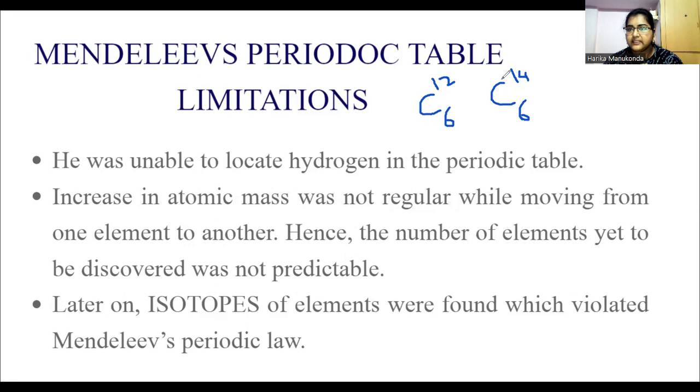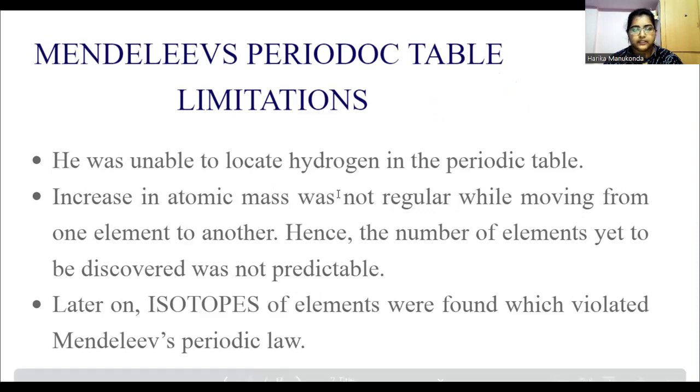So these cannot be placed in the periodic table, as his fundamental property for the periodic table is atomic mass. So he did not place them in the periodic table. So these are the three limitations of Mendeleev's periodic table.